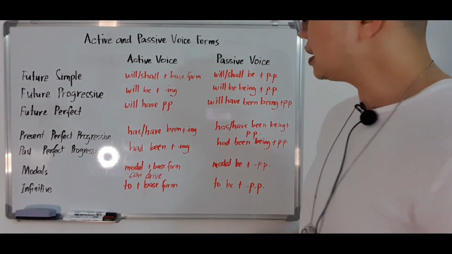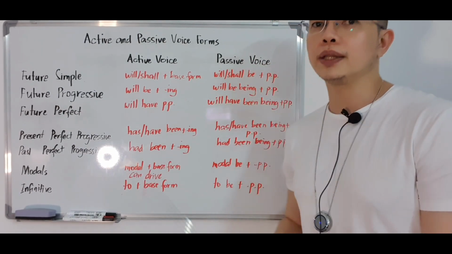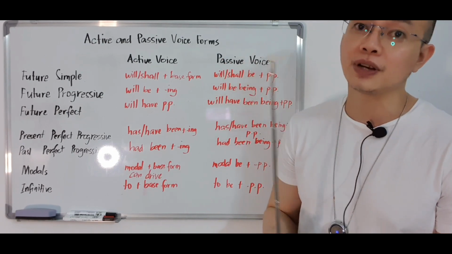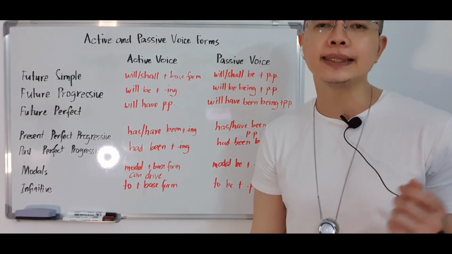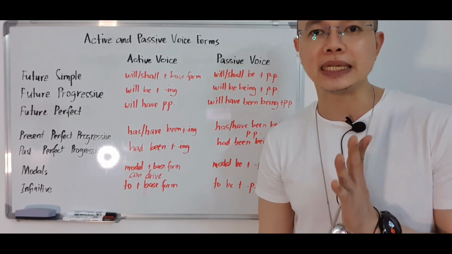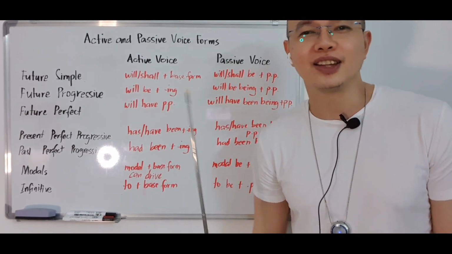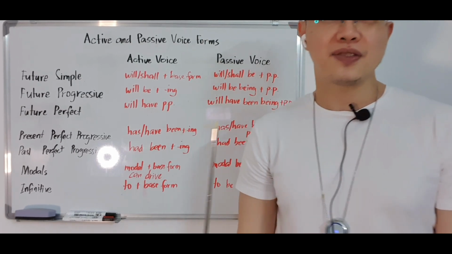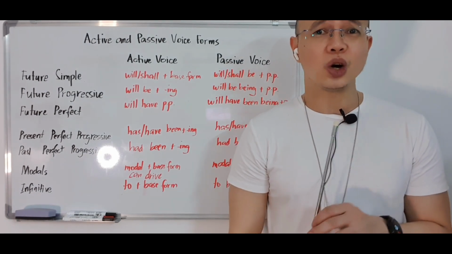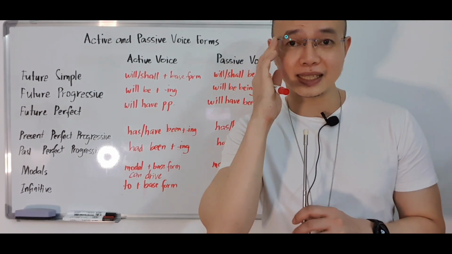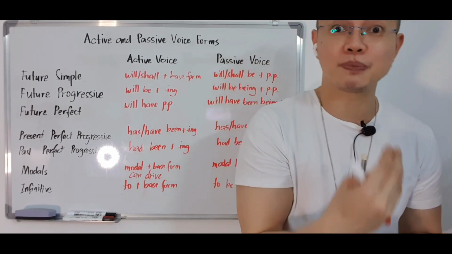So these are all the things that you need to remember about the active and passive voice forms of the verbs. Again, there's nothing to actually remember, or you don't have to really memorize them, because all you need to remember is just one thing: the passive voice is be plus past participle form.